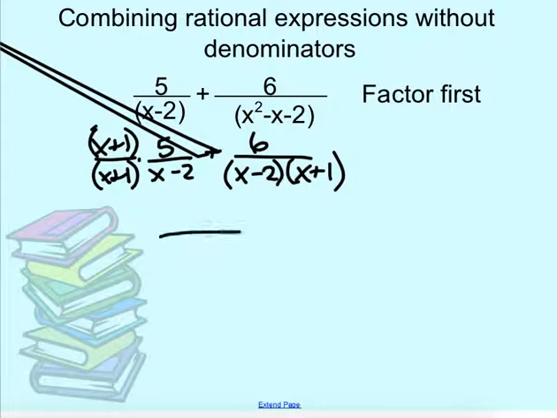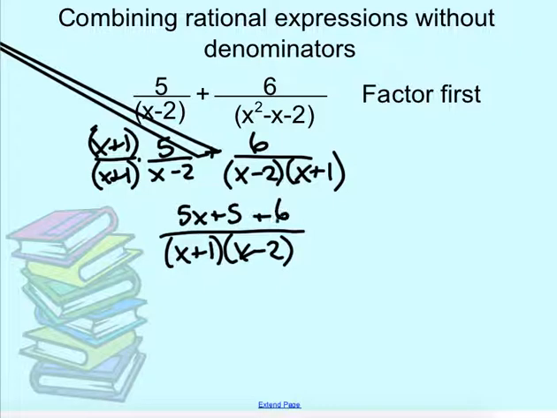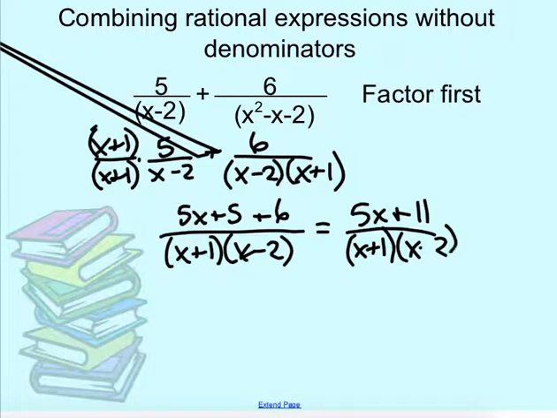Now I have common denominators, so we have x plus 1 times x minus 2, that's common now, and I can now expand this 5 to everything, so I have 5x plus 5, and then I'm going to add to that my 6. So I have 5x plus 11 over x plus 1 times x minus 2. Nothing to factor here, so we leave it as is.